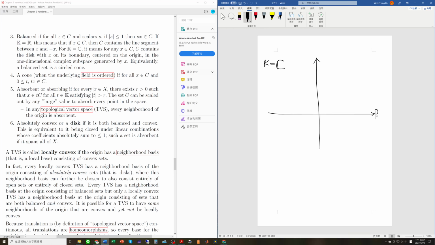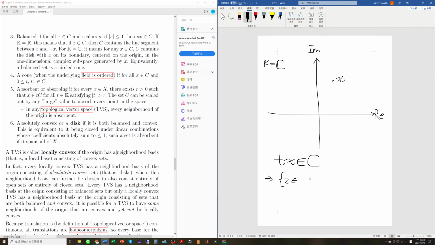This is the real part, this is the imaginary part, and again x is a complex number. Now for all x belonging to C and 0 is smaller than or equal to t, tx is in C. What does this mean? Now tx is equal to z.